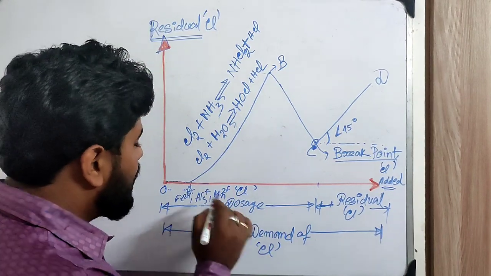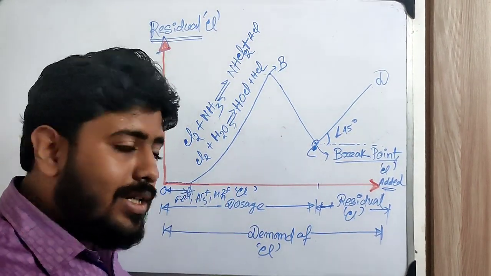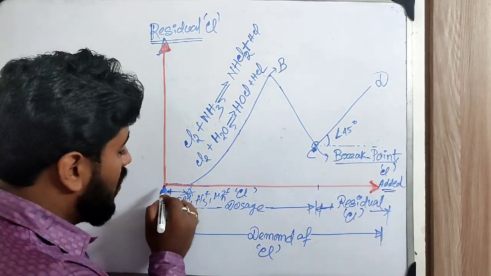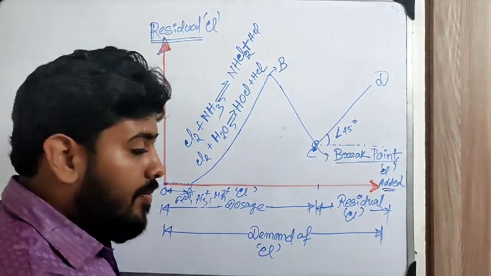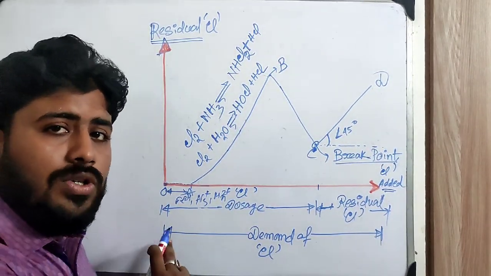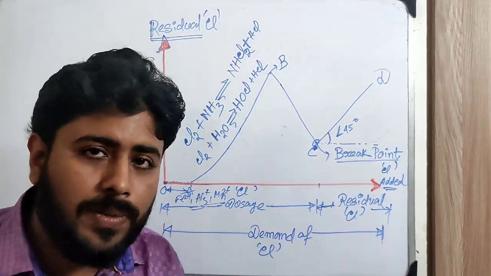These are the reducing agents present in this OA zone. That is the reason the chlorine gets consumed in this region, and that's why the graph has not started from its origin. This point is to be noted. Because of these reducing agents, the chlorine gets consumed.